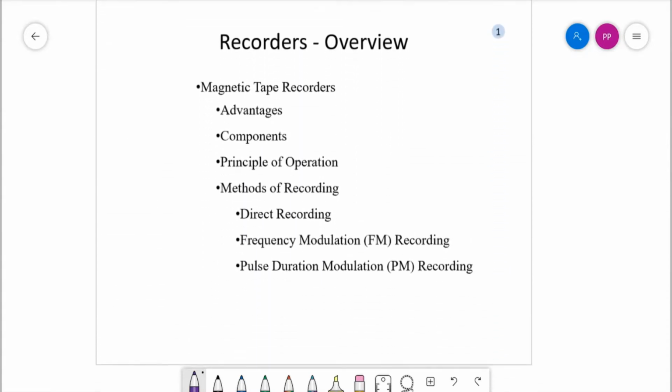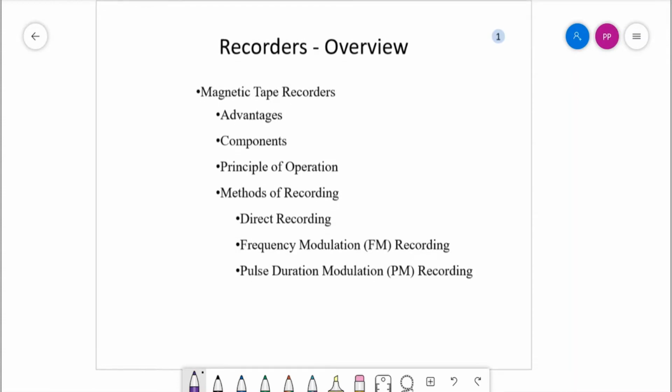So the main points we are going to discuss are magnetic tape recorders, their advantages, what are the components used in magnetic tape recorders, principle of operation of magnetic tape recorders, and there are three different methods of recordings, that is the direct recording method, frequency modulated recording method, and the third one is pulse duration modulated recording method. So these three methods we shall learn during this lecture.